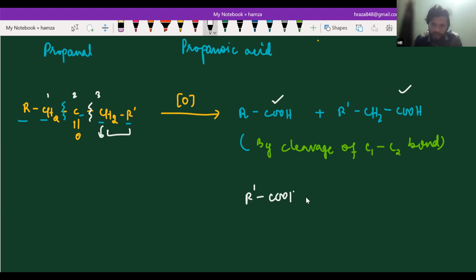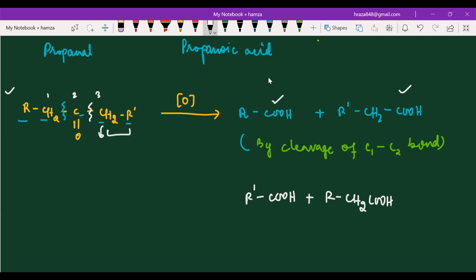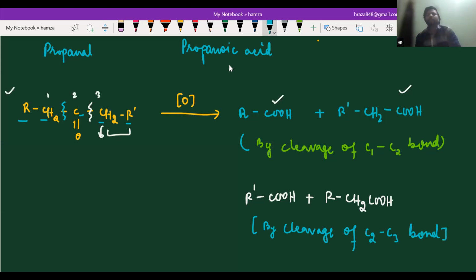Then again, from here you make RCH2COOH, and this we get from C2-C3. So we will get basically four products here.